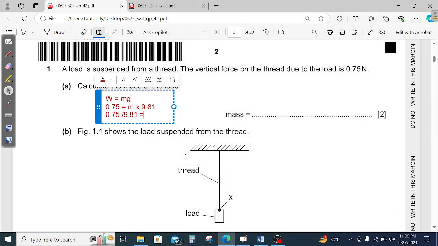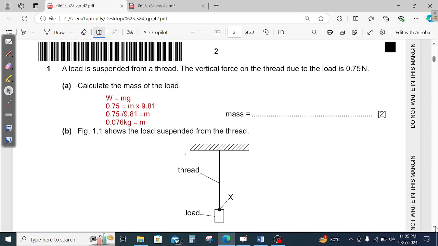Your mass will be 0.076 kg. Is it clear? So your answer is here. You will get easily 2 marks. First mark you have to apply the formula, then put the right values, then you have to solve it.